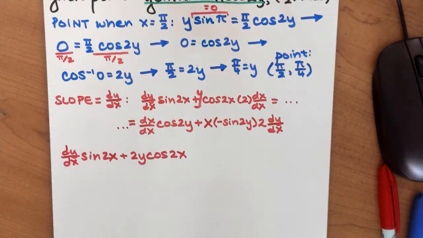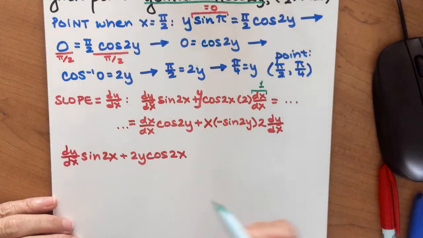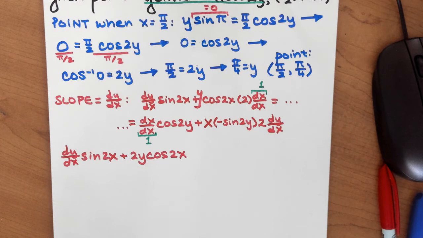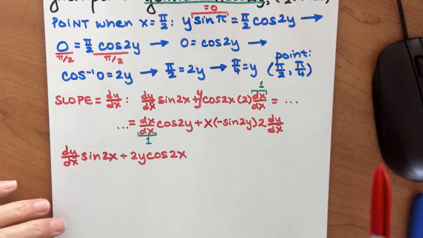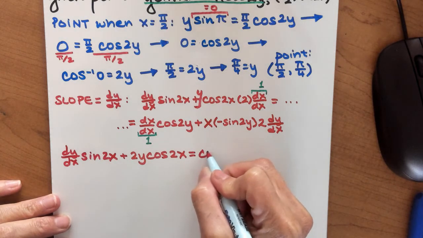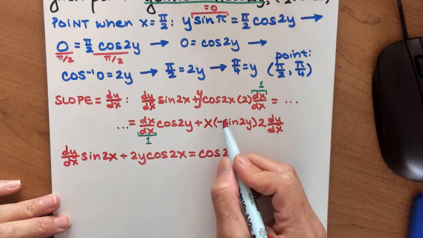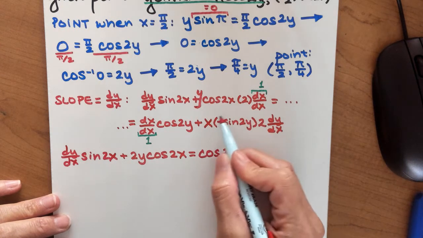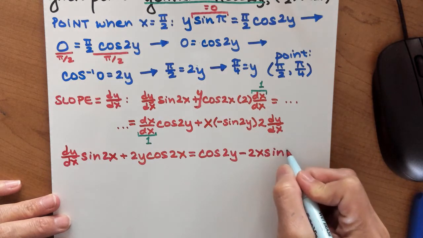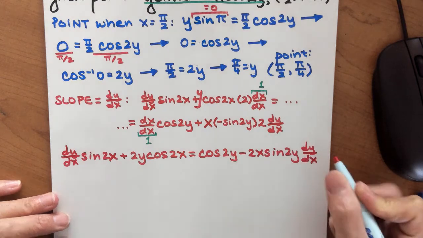Now over here, dx, the rate of change of x with respect to x is 1, and that shows up again on the right side of the equation. So then I have equals cosine 2y and then minus 2x, let's put the coefficient out here, sine 2y dy dx.